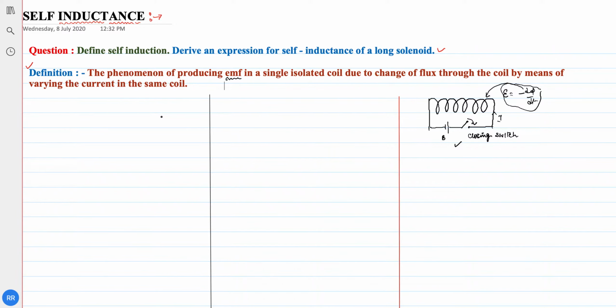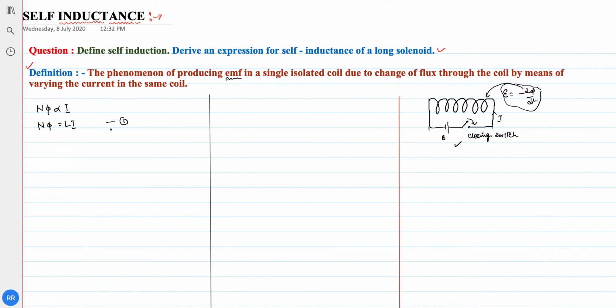In this case, what will happen? As the concept of flux linkage will be used, the flux linkage through the coil of n turns is proportional to current. As the coil has n turns, all these turns of the coil will contribute to flux, and this is directly proportional to I, as we have studied in the article of inductance. And you remove this sign of proportionality: n times phi is equal to L times I. So this is equation number 1.